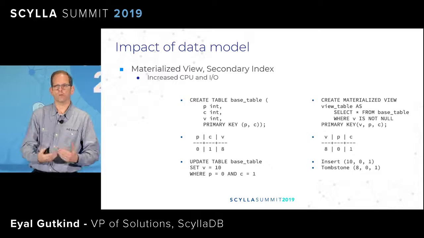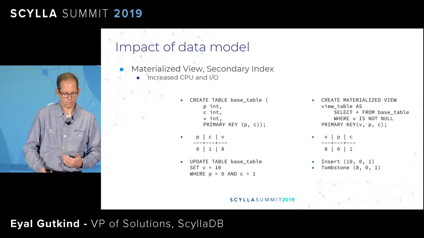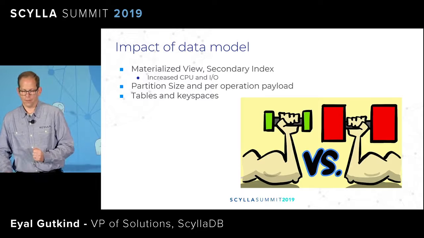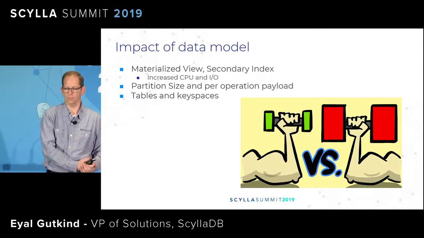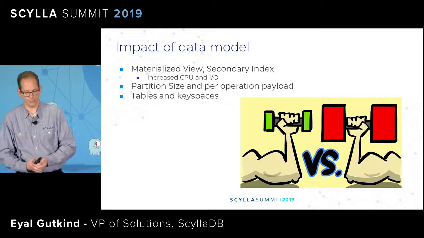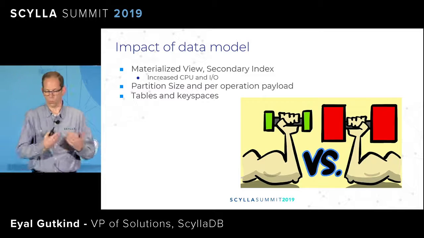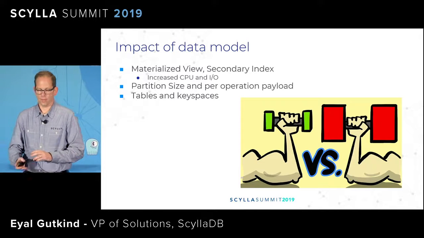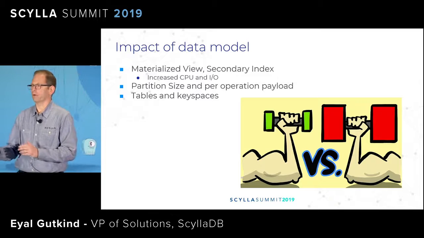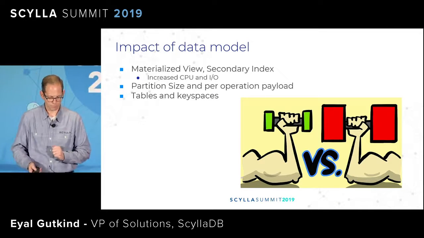So all those items have to come into play when we actually size a cluster. Another impact, for example, we know that materialized views and secondary indexes cause an increase in CPU and I/O. And the other one is the partition size or the workload per partition that you send into the data. It has a lot of impact on throughput and on the CPU's ability to process this information.